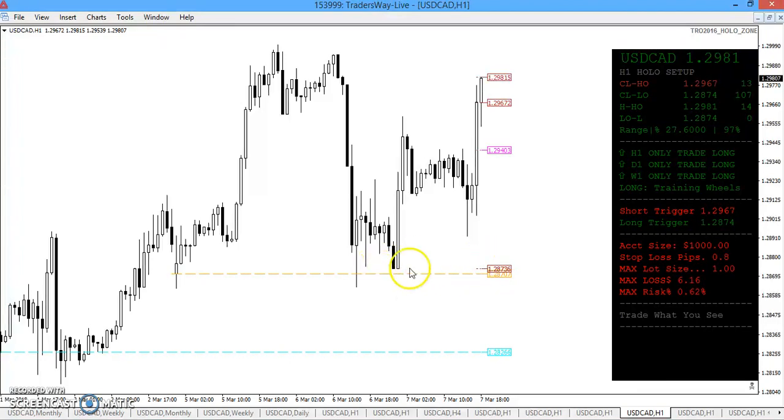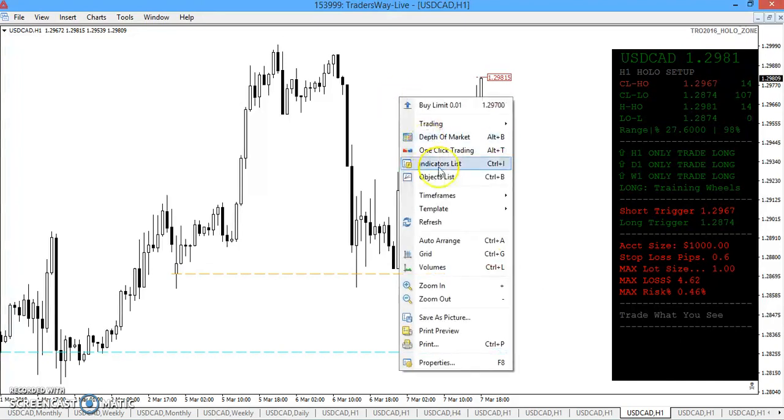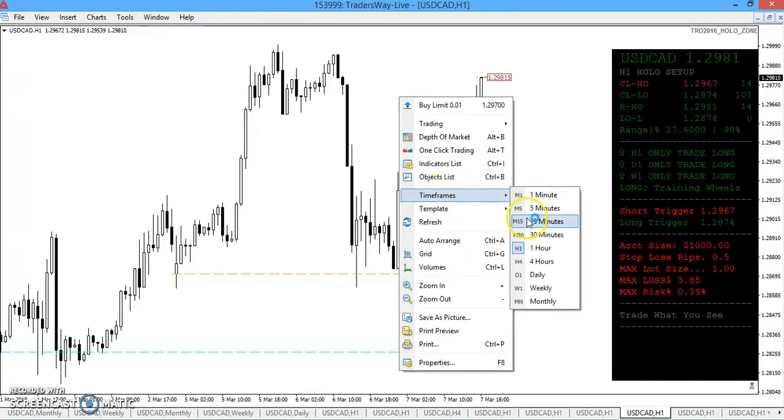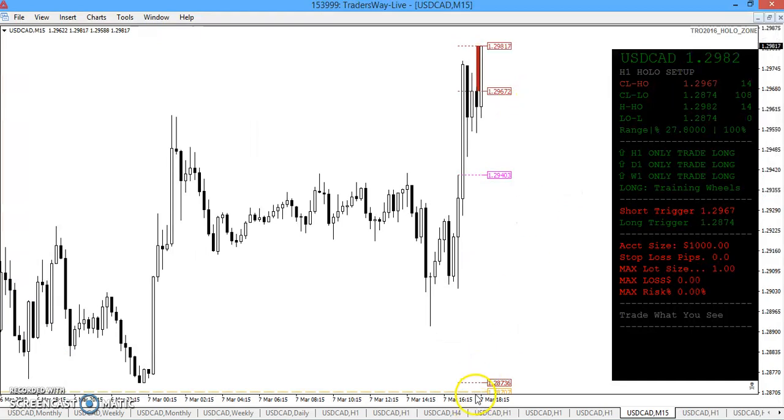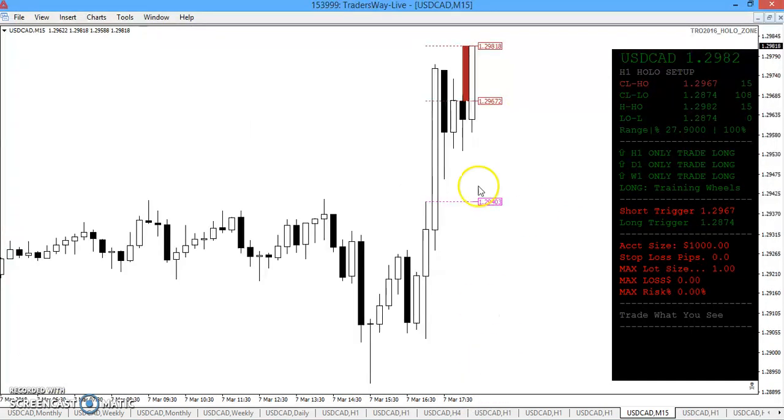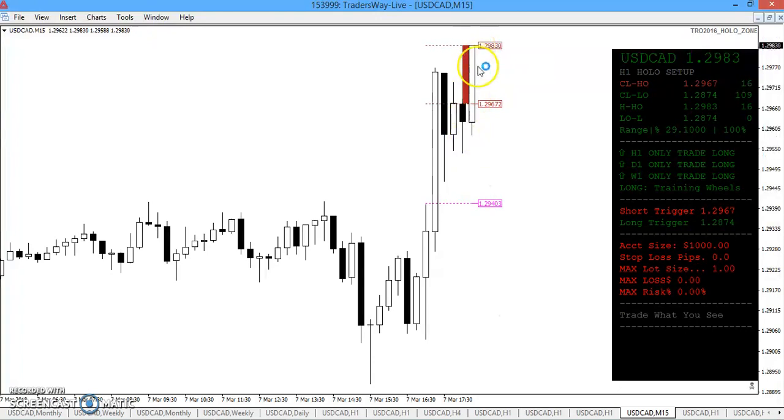It just wasn't. Never really made a lower holo zone, just that open price. And going back to 15. And there you go, a new high. So chances are at the end of this hour, there'll be a new holo zone somewhere up in here.